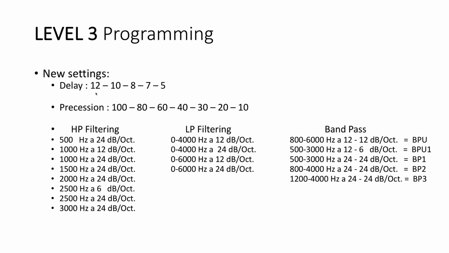But also remember that as you shorten delay and precession, it gets more and more tiring for the muscles of the ear, and you have to be very careful of not getting the muscles fatigued too much. Because if there's too much stimulation, they won't be able to do their work correctly.